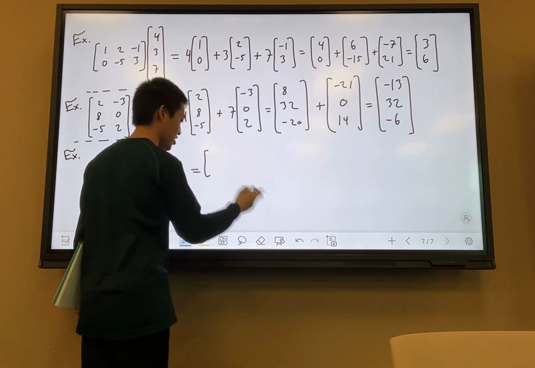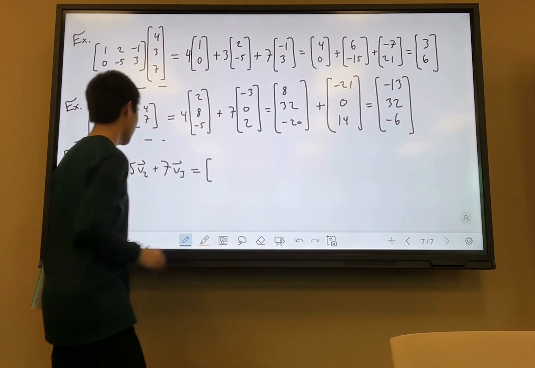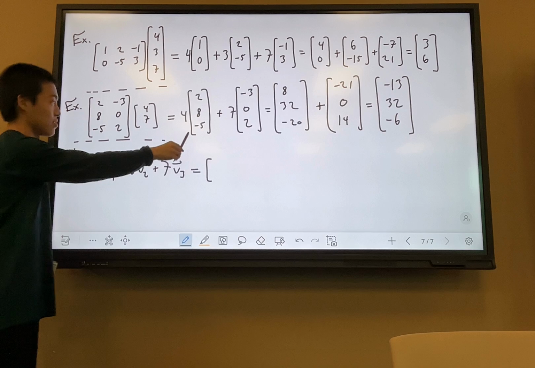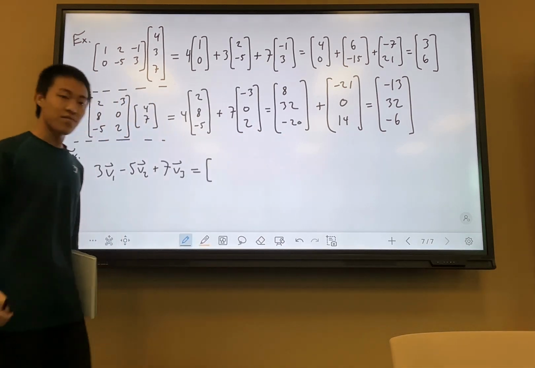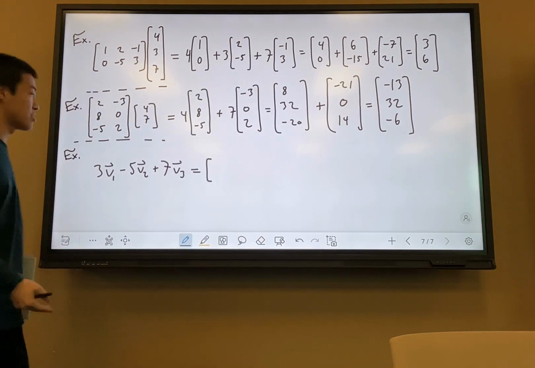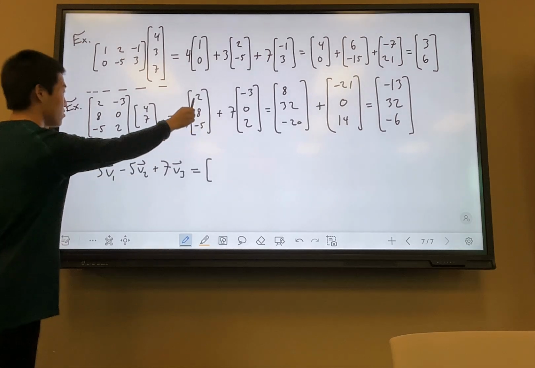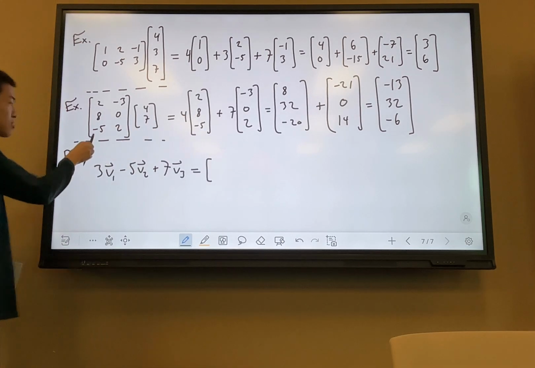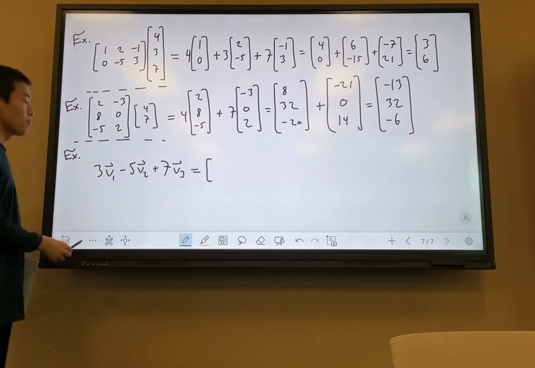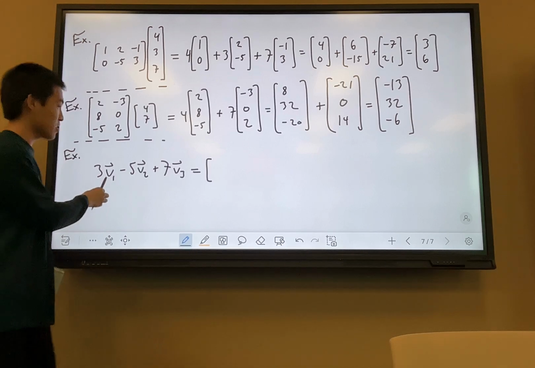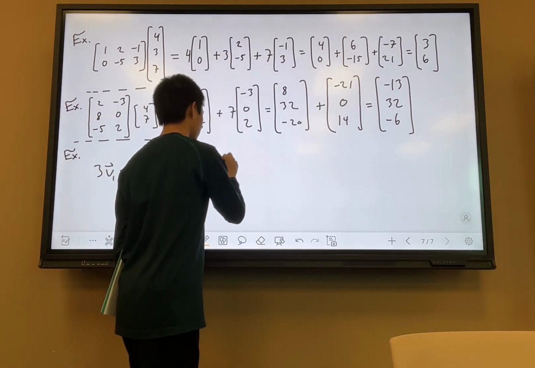Well, let's just reverse engineer the concept. All of these column vectors are the vectors, and those weights are the constants out front. If 2, 8, minus 5 is the vector that corresponds to the first column of the matrix, then the first column of the matrix is going to be this v1.